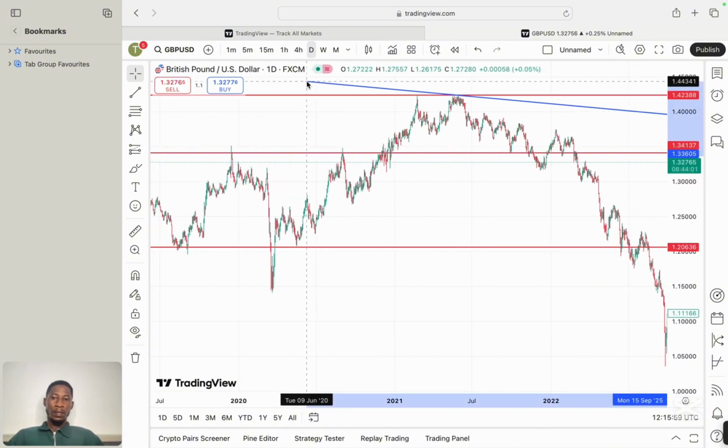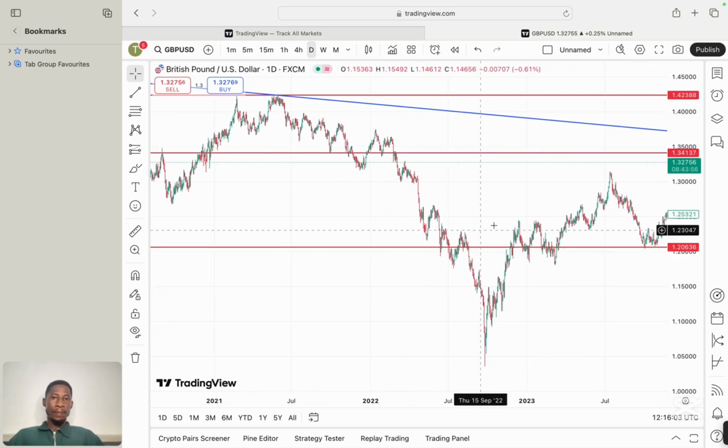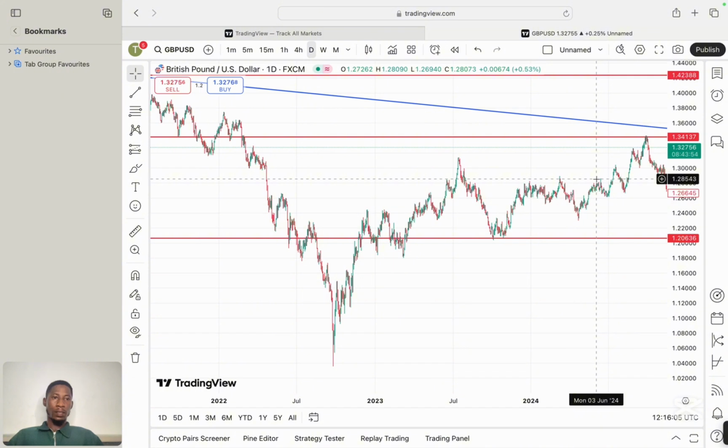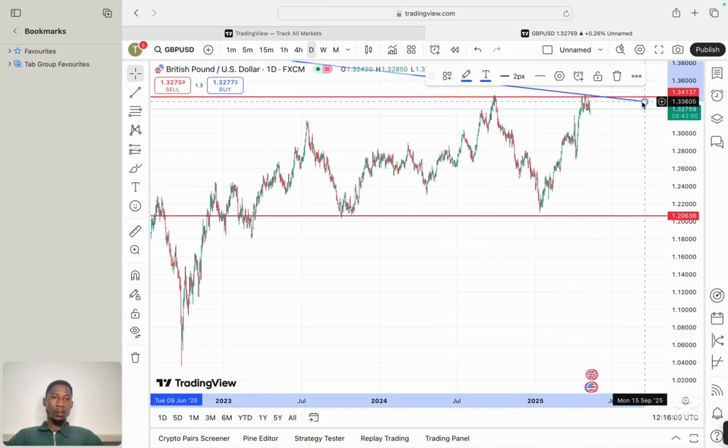You can see this is the first peak, and this is the second peak. You can see the market is touching. It doesn't have to go through it, just touch it at the peak. So I've got my trend line in check, I've got my resistance level, and I've got my support level here.